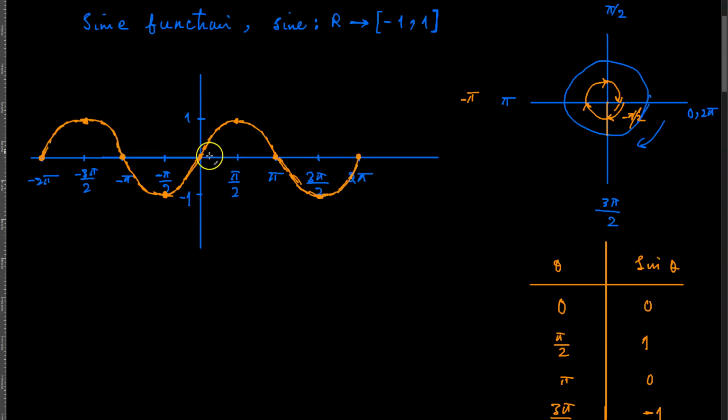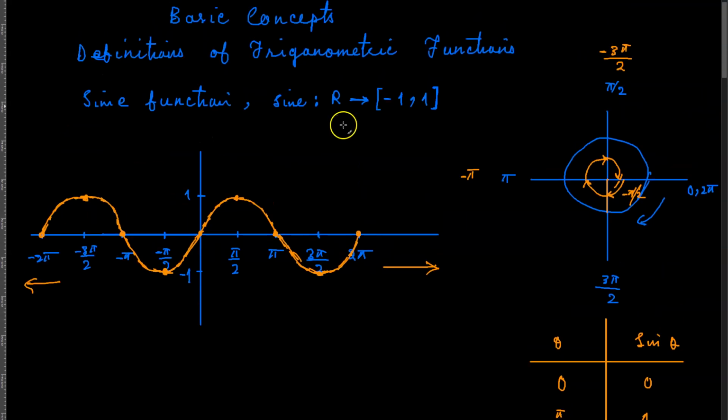Now, as you can see, the domain of the function, you can just keep going in this direction and this direction. There is no restriction on the domain of the function. The domain is the set of all real numbers, all the way up to plus infinity and minus infinity. But the codomain of the function goes from -1 to +1.